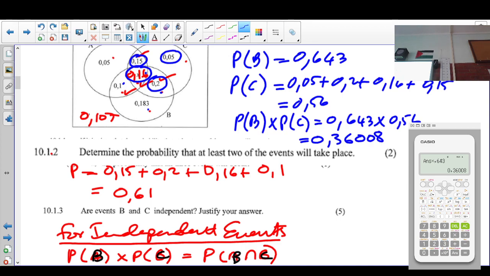Now, let's look at the right hand side. The left hand side is done. The right hand side, of course, is the probability of B intersection C. So this is the intersection here.